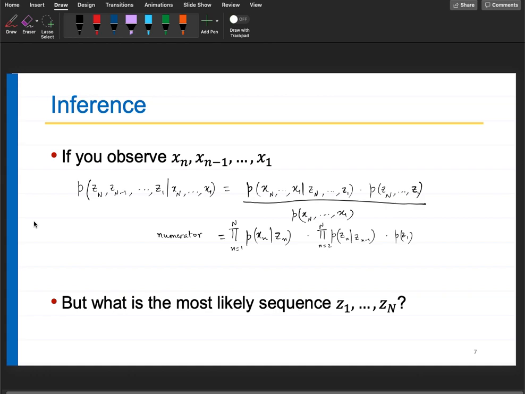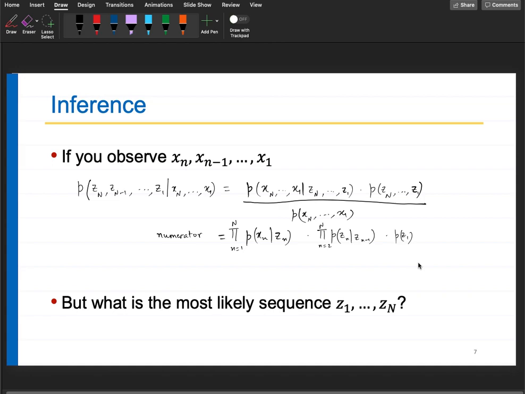What is the probability of Z given X, all these Zs given all these Xs? For this you can again use Bayes rule, because you know P of X given Z from your model. This boils down to the joint distribution of X comma Z.